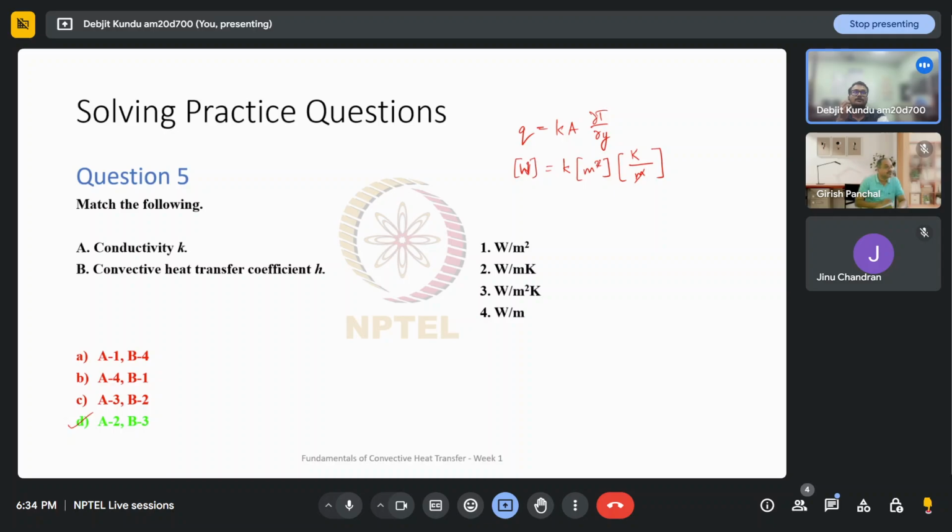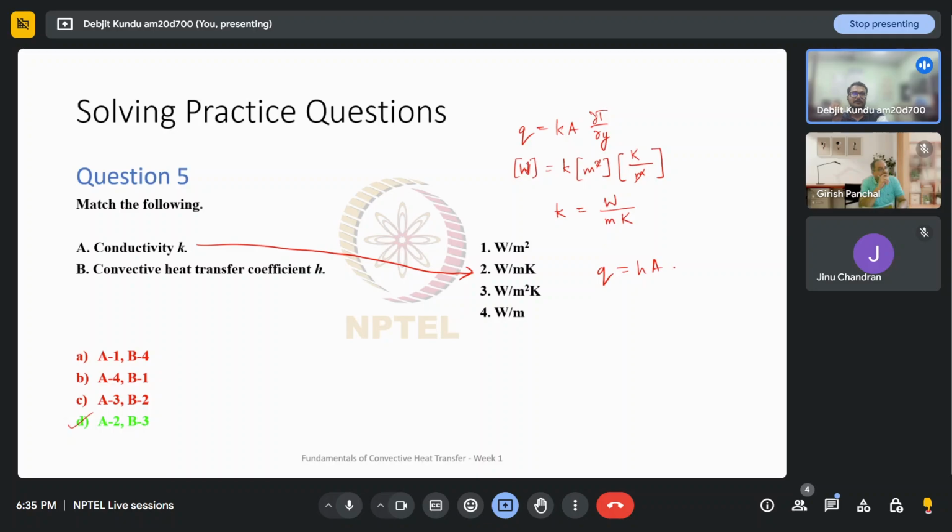So 1 m would cancel out and the units of K would be watt divided by meter into Kelvin. So watt per meter Kelvin, option 2. So A should be matched with 2. A2, that's correct. Then again, we have to find out for H.